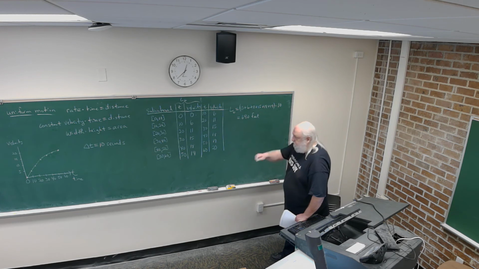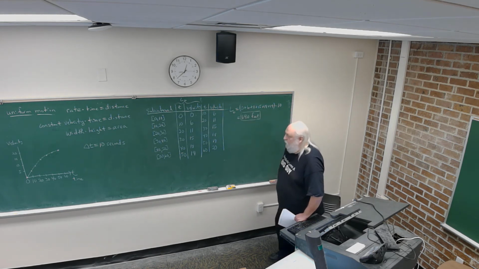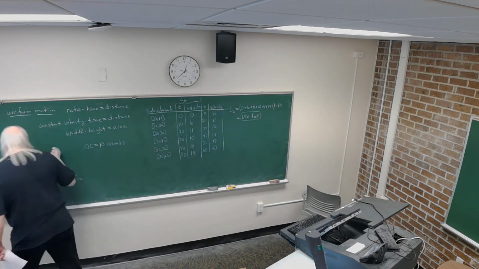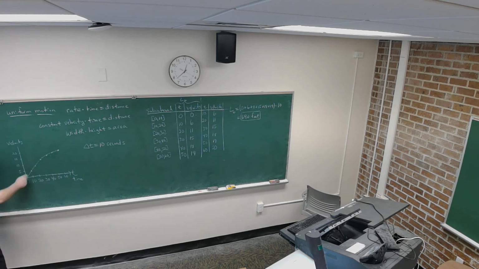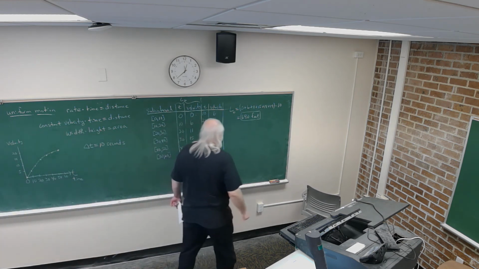And since our velocity function is increasing from left to right, this is an underestimate. All these rectangles are going to be under our curve. They're not going to contain it.